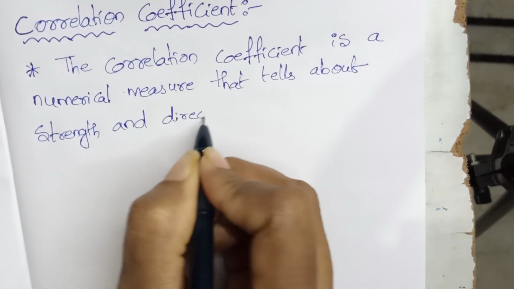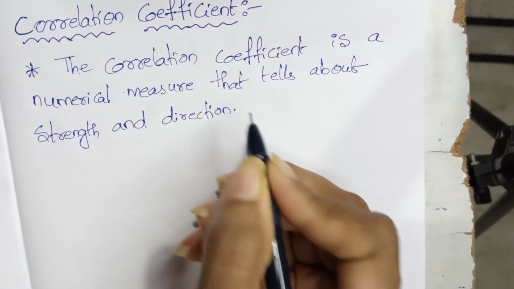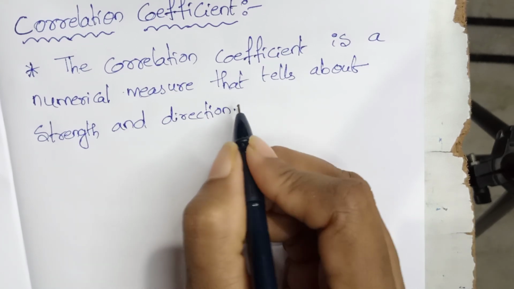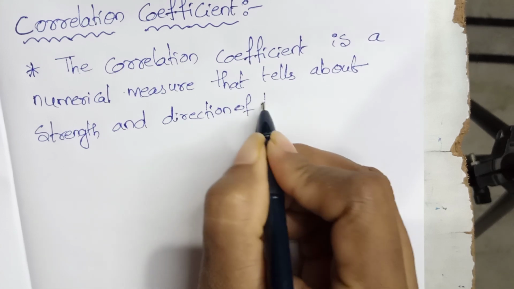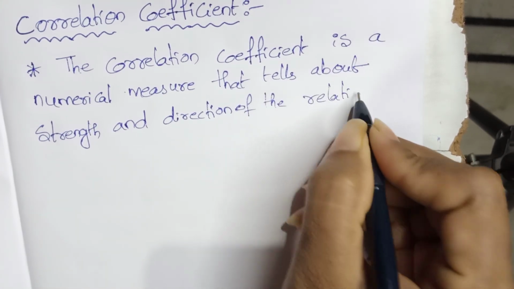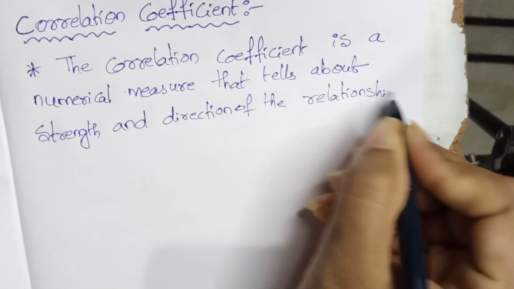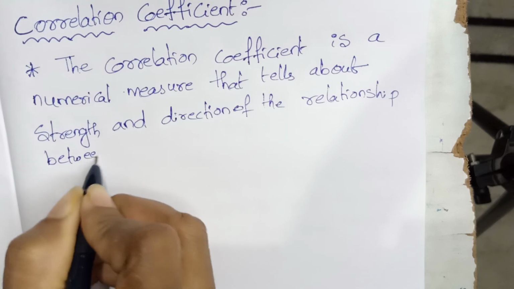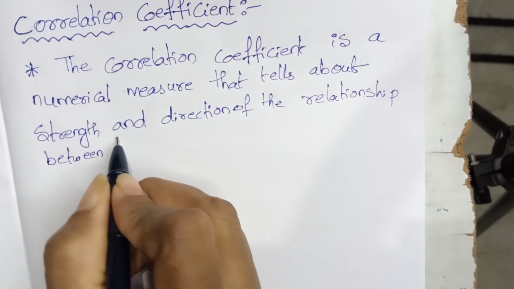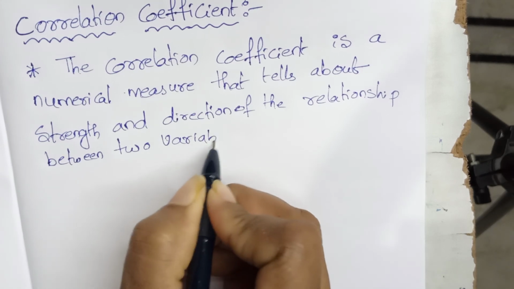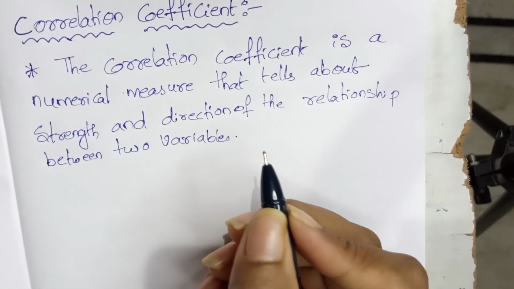Strength is nothing but we can also say it's the size. Strength and direction of the relationship between what? Between two variables.